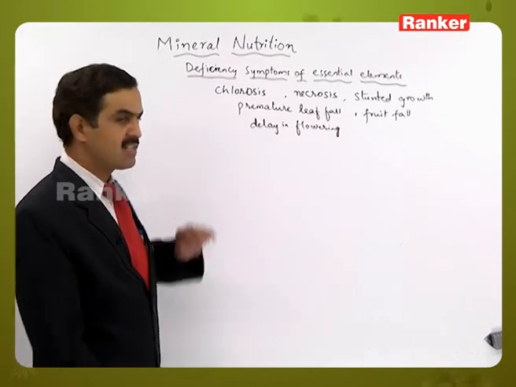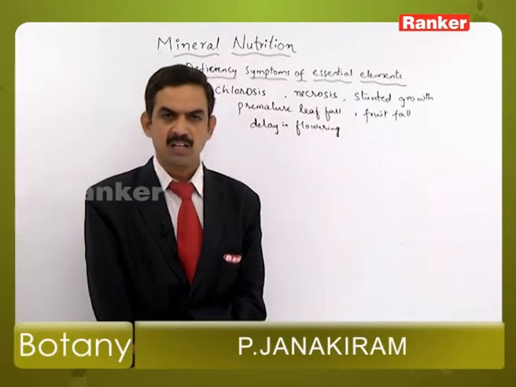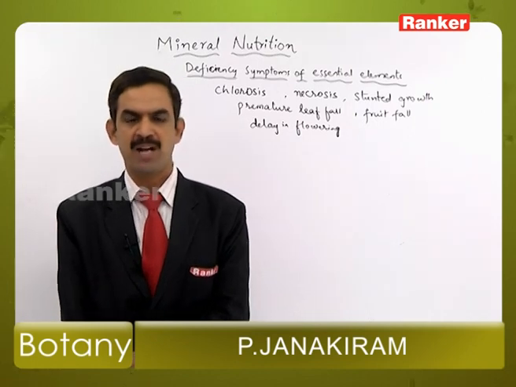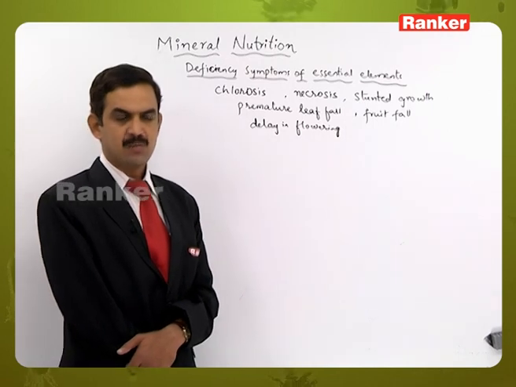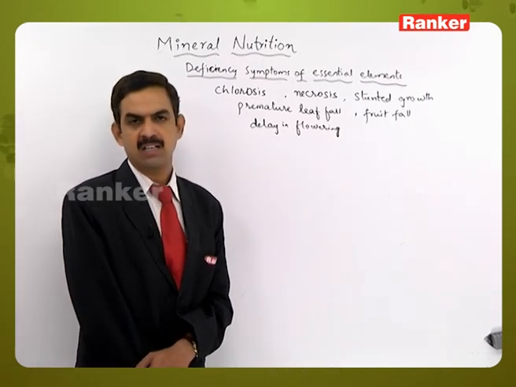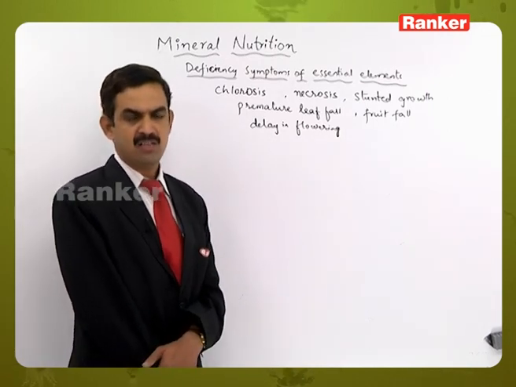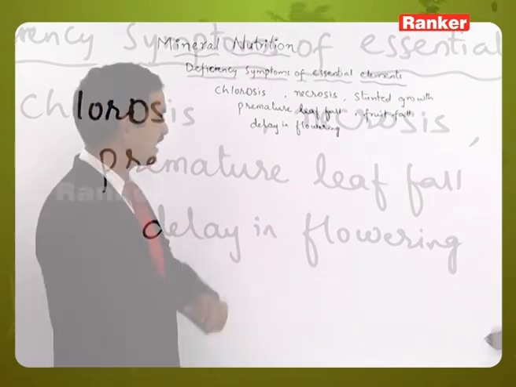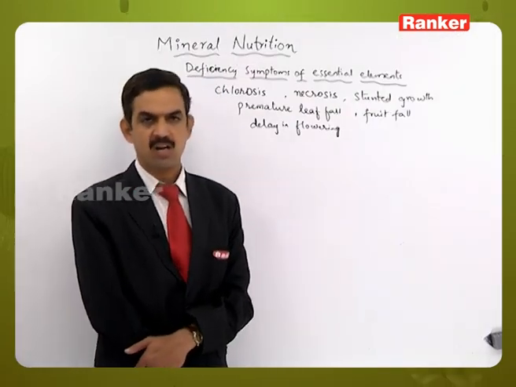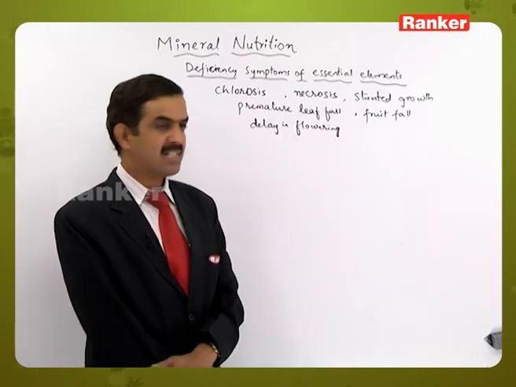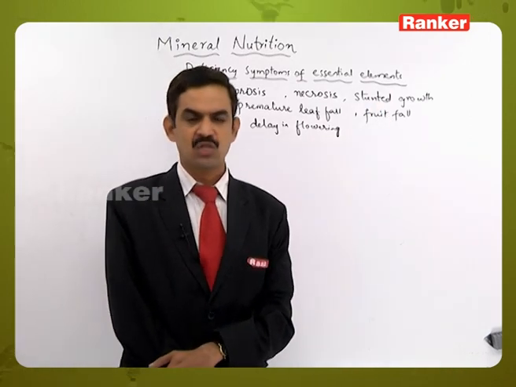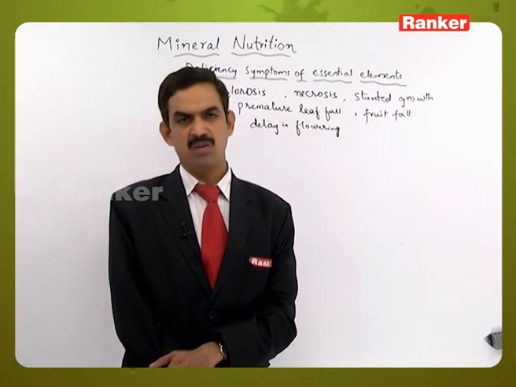So, chlorosis is nothing but the yellowing of the green parts of the plant body, particularly the leaves. That is because of destruction of the chlorophyll molecule and nucleic acids. Necrosis is death of some of the cells, or the powder like matter will be formed, and stunted growth of the plant body, that is the plant does not grow up to the normal growth.